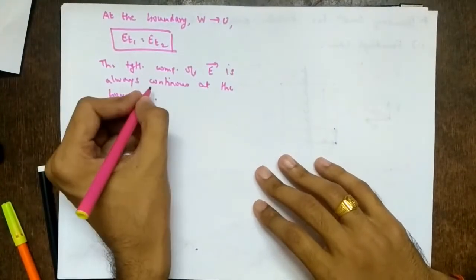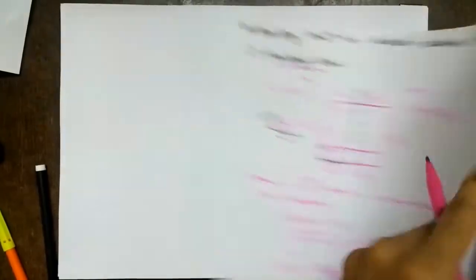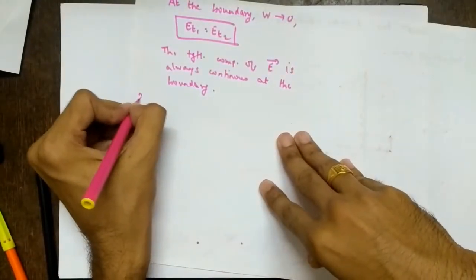Always continuous means both are the same. This boundary condition corresponds to Faraday's law.